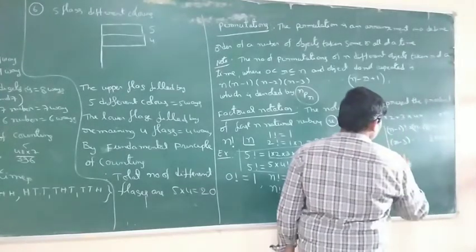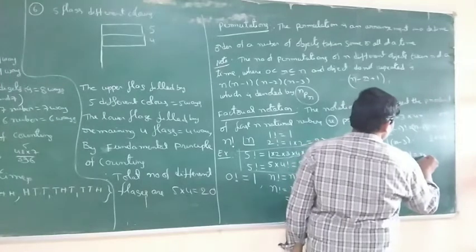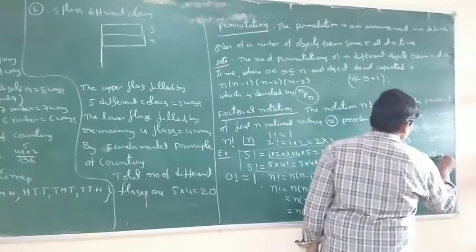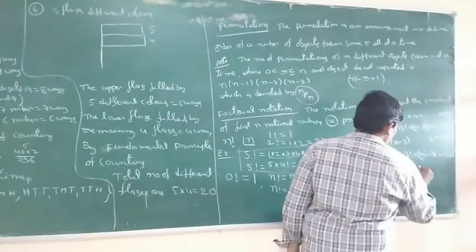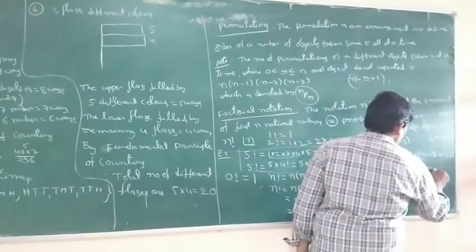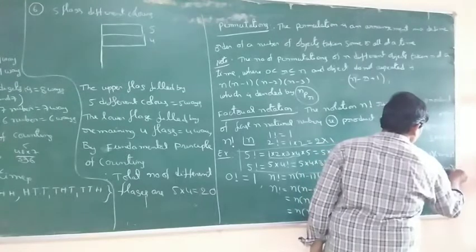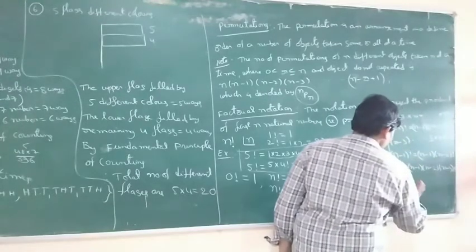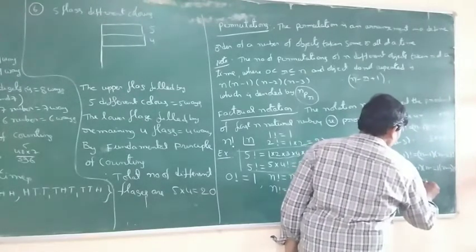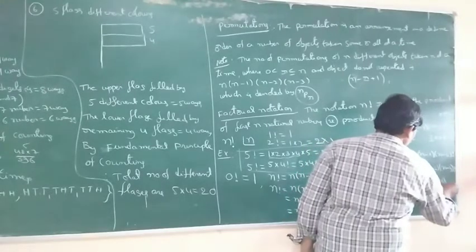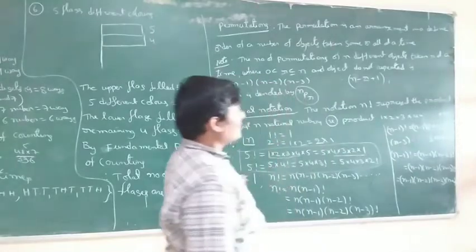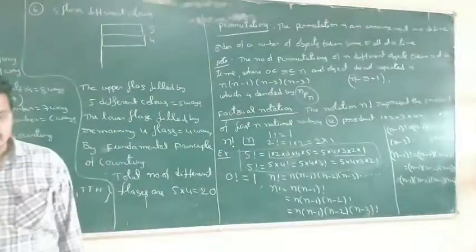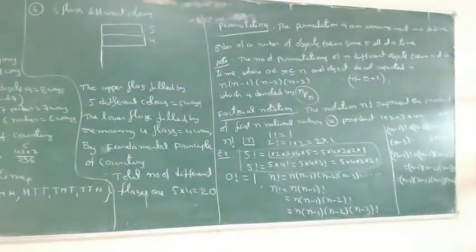So n minus 1 factorial is equal to n minus 1 into n minus 2 factorial, which is equal to n minus 1 into n minus 2 into n minus 3 factorial, and so on. This is the factorial notation and permutations, and the first exercise problems.